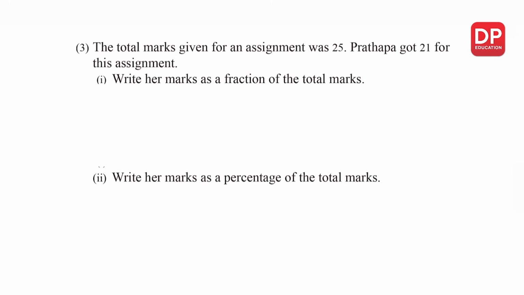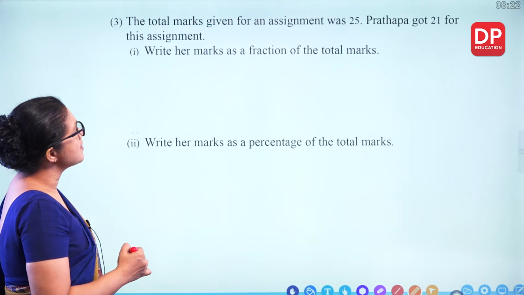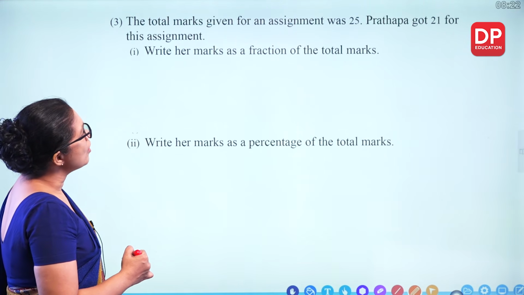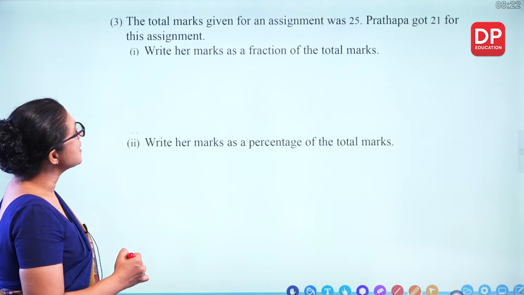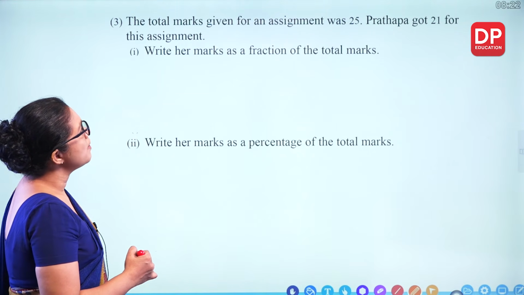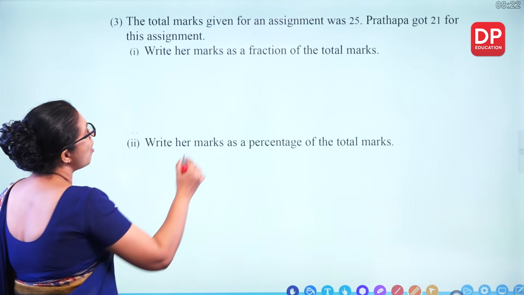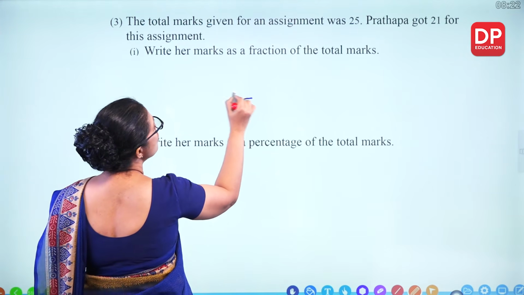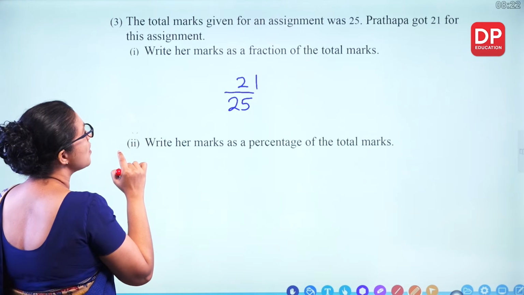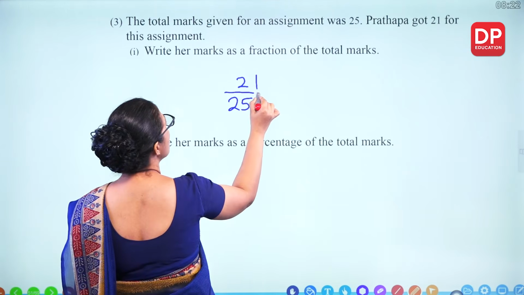Question number 3. The total marks given for an assignment was 25. Pratapa got 21 for this assignment. Write her marks as a fraction of the total marks. So out of 25, she got 21 marks. So 21 over 25. You can't simplify.